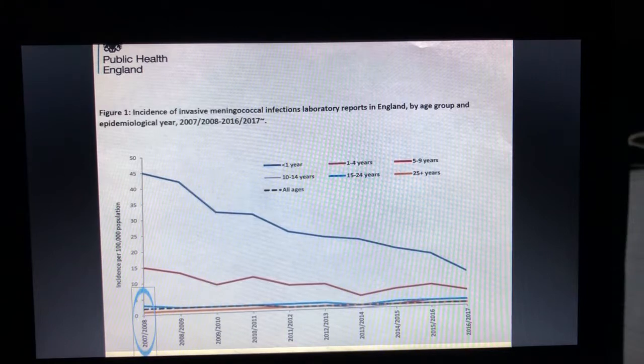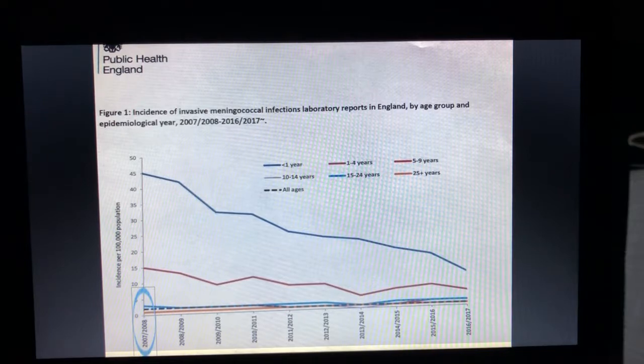Let's have a look at the epidemiology, and here's a graph showing the incidence of invasive meningococcal disease notified to Public Health England by age group between the 2007-8 epidemiological year and the 2016-17 epidemiological year, and the different coloured lines represent different ages.